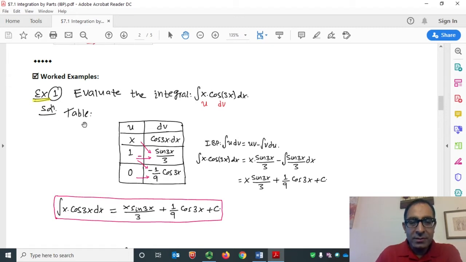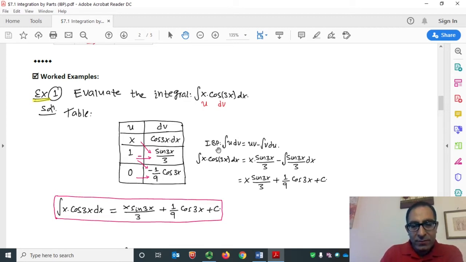Make a table with two columns, the u column and the dv column. Pick u equals x, dv equals cosine 3x. Under the u column, take the derivative, so the derivative of x is 1. Under the dv column, take the integration, so the integral of cosine 3x is sine 3x over 3.